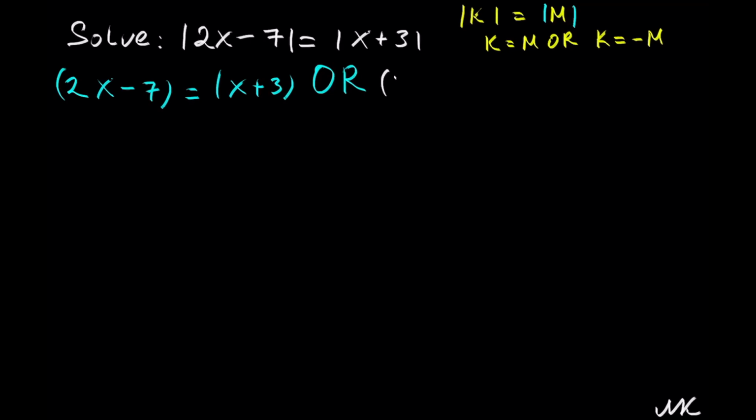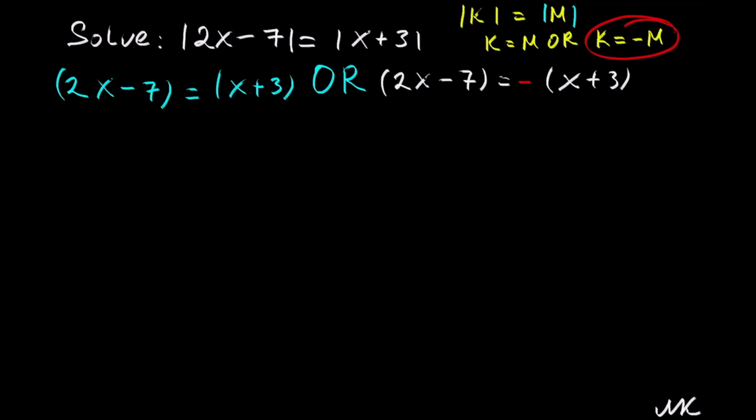We have parentheses 2x minus 7 equals parentheses x plus 3. And the most important thing is to make the second parenthesis negative. So we get 2x minus 7 is equal to negative of x plus 3. And now we can just solve each of them like before.